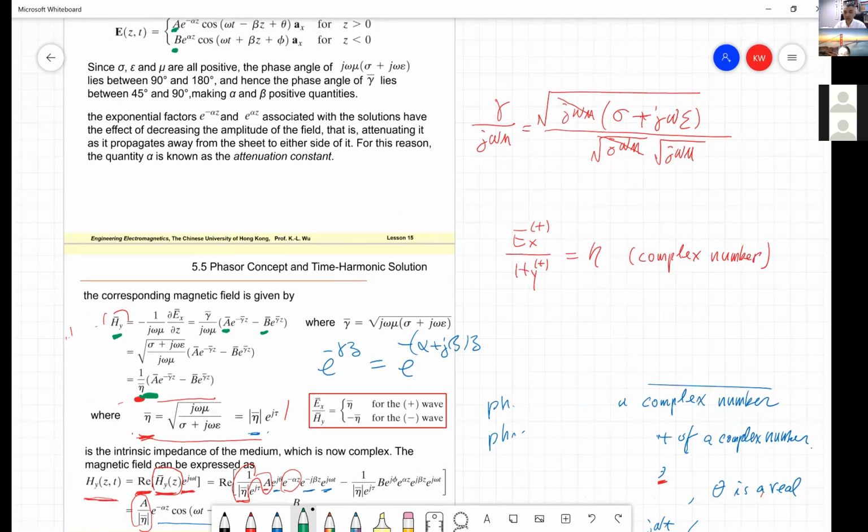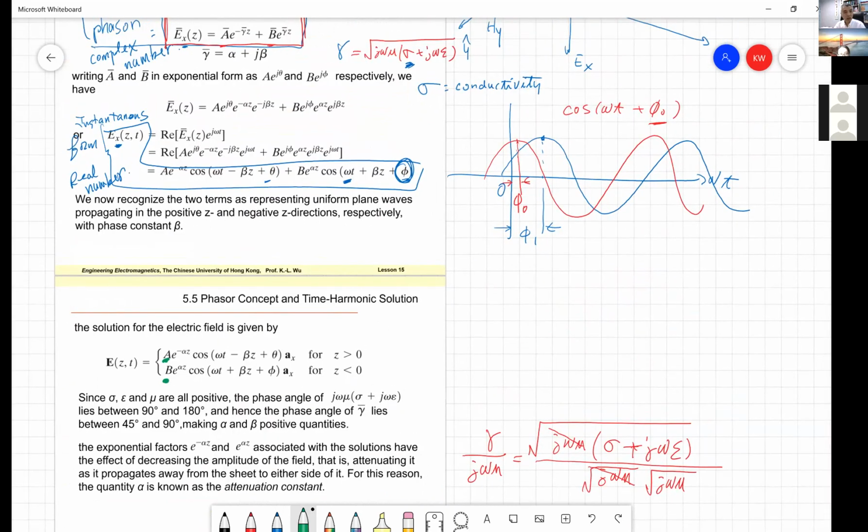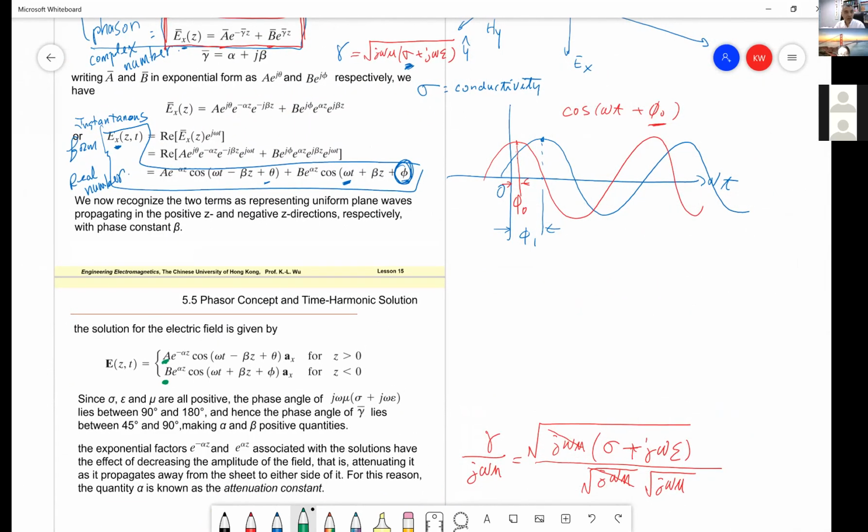So A and B can be determined. I don't give you the answer, I let you think, but I reserve the right to put this as one of the questions in the midterm exam.